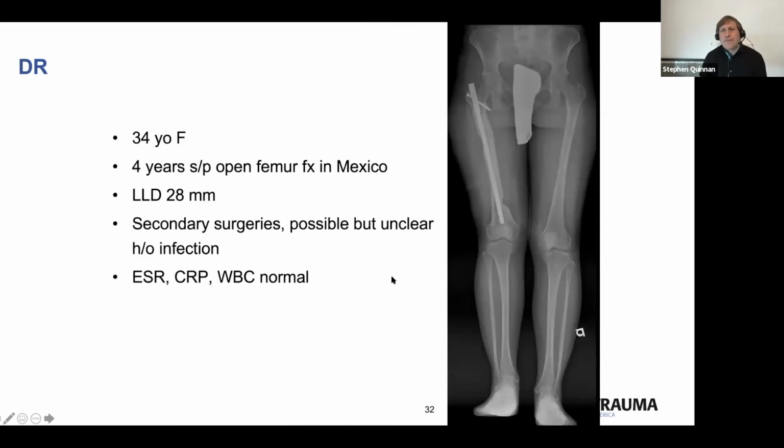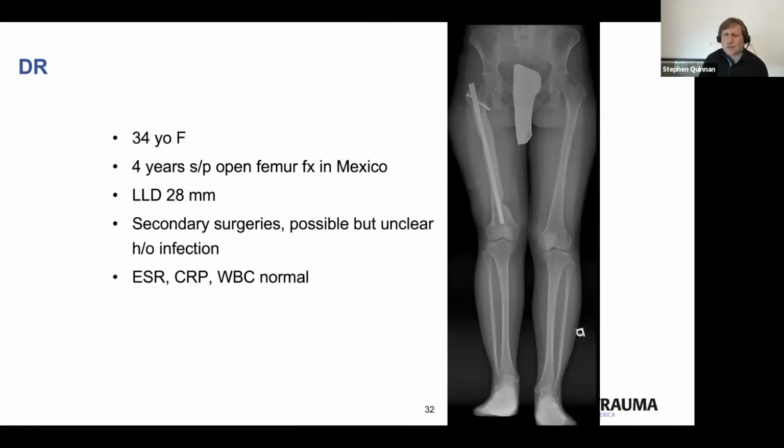Now, here's another example. This one is a 34-year-old lady. She had a femur fracture about 4 years ago, abroad again. A limb length discrepancy of just under 3 centimeters, and definitely very bothersome for her. And when you look at the x-ray, it looks a little funny. There was some history that maybe she had an infection. They went in, they took some stuff out, they may have bone grafted.